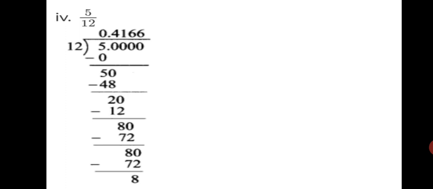Yes, your answer will be 5 upon 12 is equal to 0.41. Will we write 6666 continuously? No. On top of 6, you will put a point saying that it is repeating in the quotient. So let's see. 5 upon 12 is equal to 0.416, and above 6 a dot.